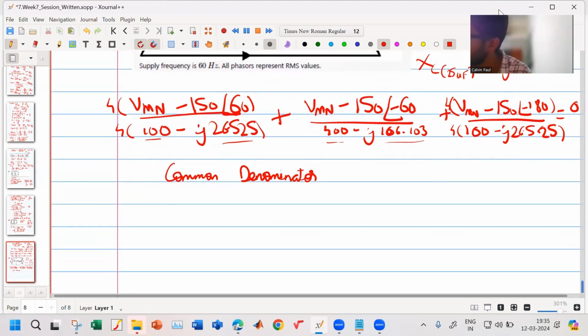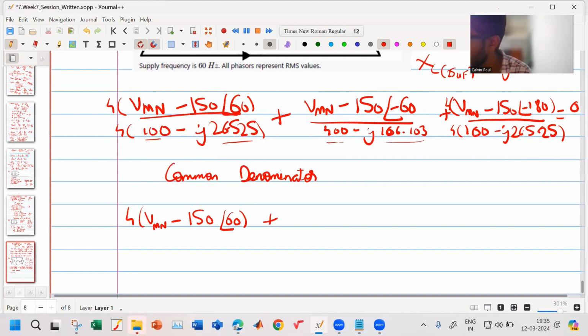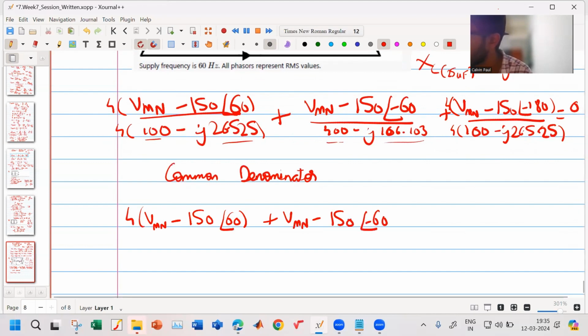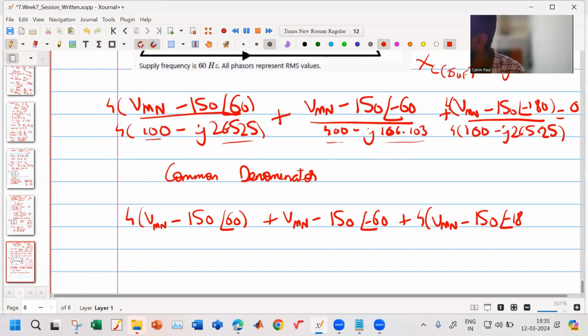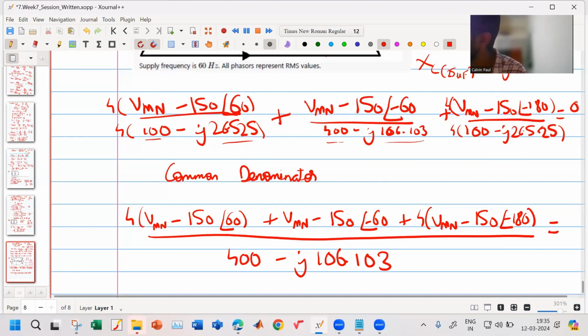So I get 4 into VMN minus 150 angle 60 plus VMN minus 150 angle minus 60 plus 4 into VMN minus 150 angle minus 180, divided by 400 minus j 106.103, equal to 0.